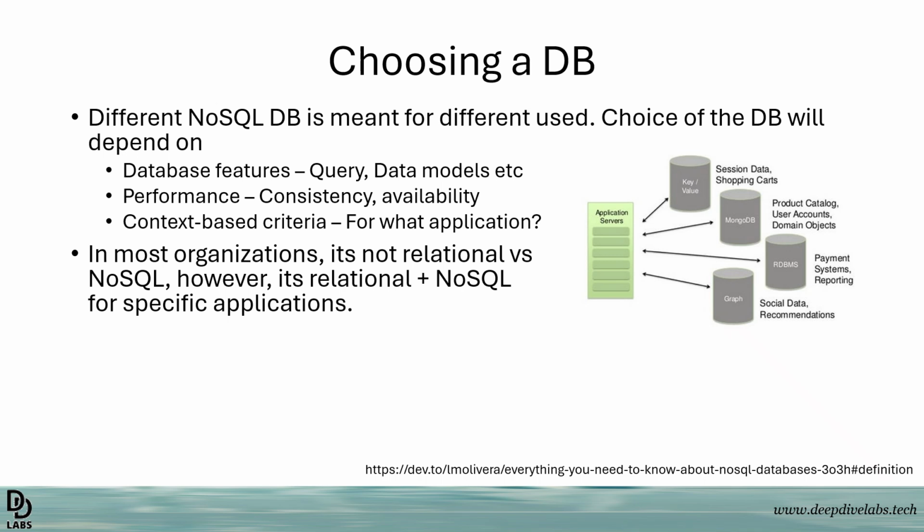For example, in an e-commerce application, you can have the session data and shopping cart information in a key-value store. You can have the product catalog, the user accounts, and the domain objects in MongoDB, which is your document DB. You can have the payment information and reporting information in RDBMS. Social data and recommendations can be a graph, right?